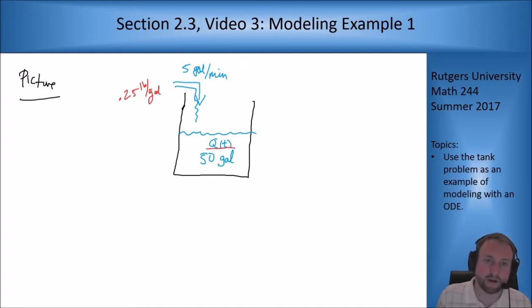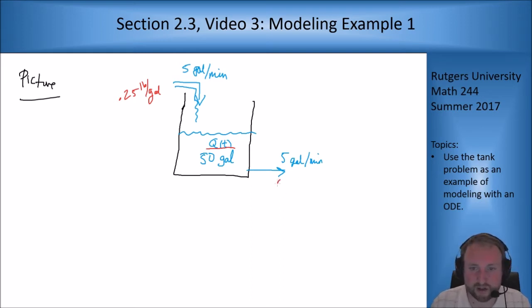That Q of t is in red. And then flowing out of the tank, also 5 gallons per minute. And since it's well mixed, this concentration here is also Q of t.